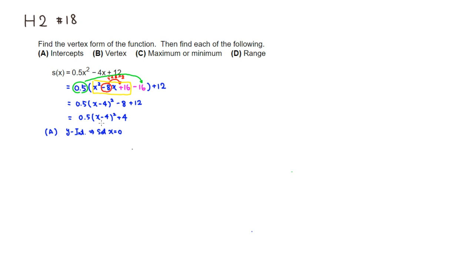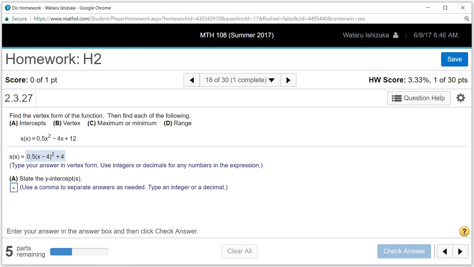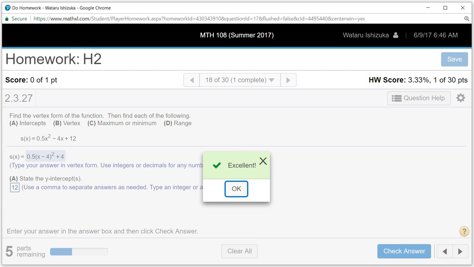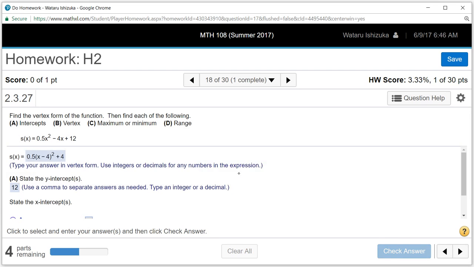So we just have to evaluate s of 0, and this is actually easy to evaluate. The first term is 0, x is 0 so the second term is 0, so this is going to be 12. Let's type that in: the y-intercept is 12. Check the answer. All right, we got that.